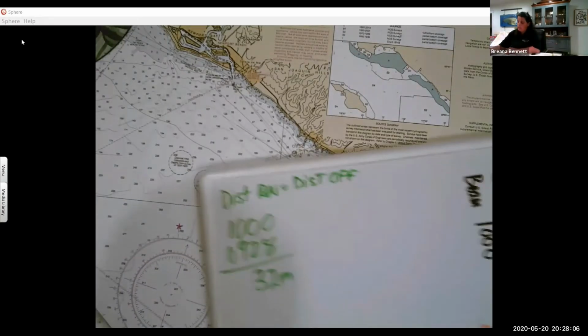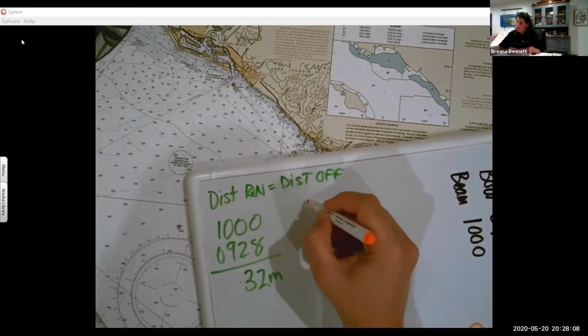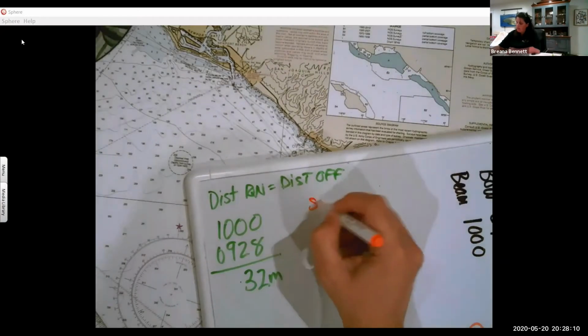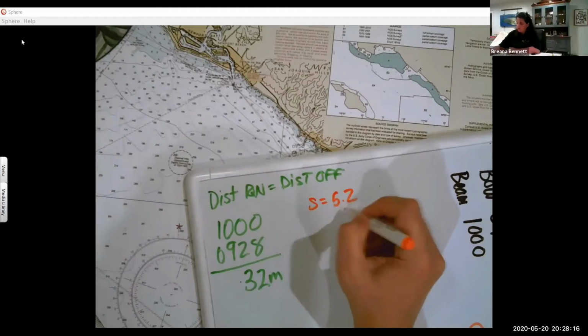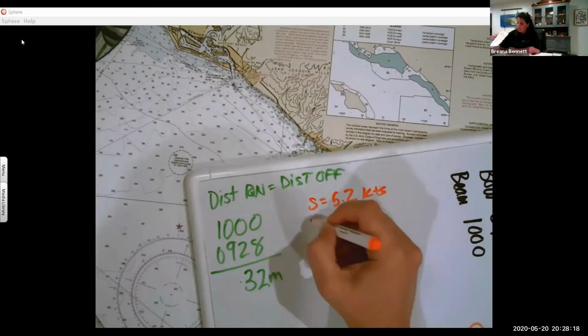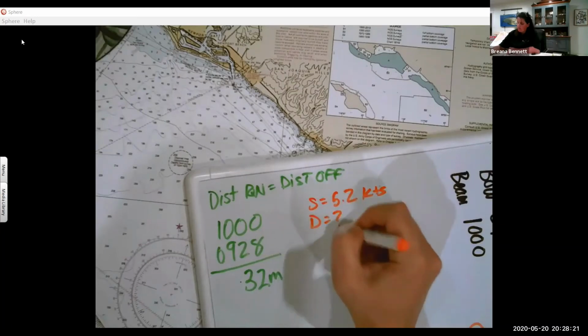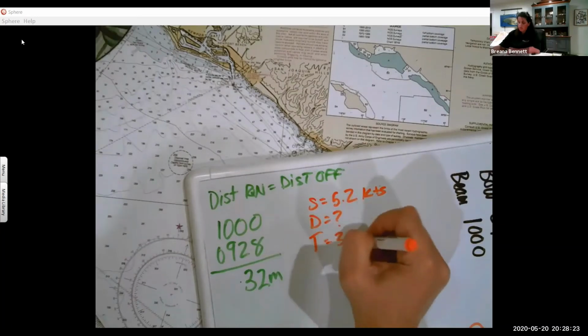Plug that into our 60 D Street. We have a speed of 5.2. Distance is what we're looking for, and time is 32.